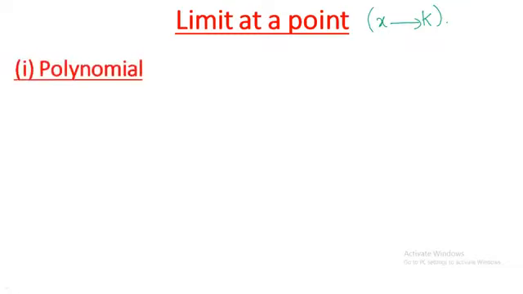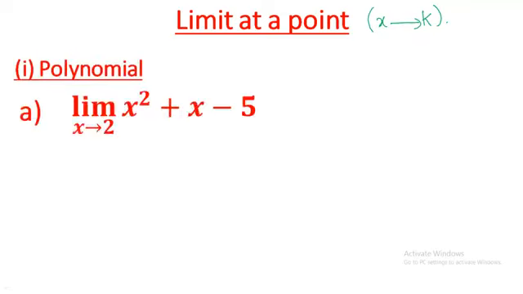First, we will start when this function is a polynomial. If I have the following limit as x tends to 2 of the polynomial function x squared plus x minus 5, directly, when we have limit as x tends to a number, we will substitute this number instead of each x.